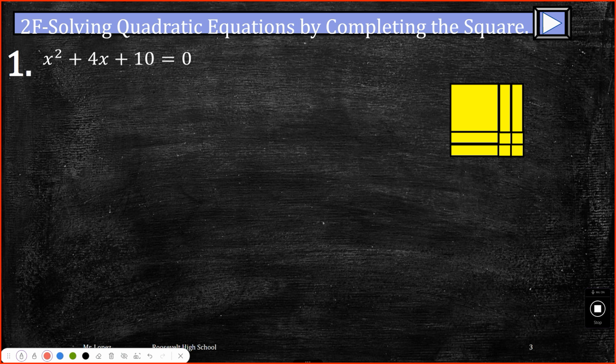The procedure goes like this. If it's not factorable, you want to leave the x's by themselves on the left side and just subtract the whole thing. That's the procedural way. And then this is going to be -10. That's the way it's done.